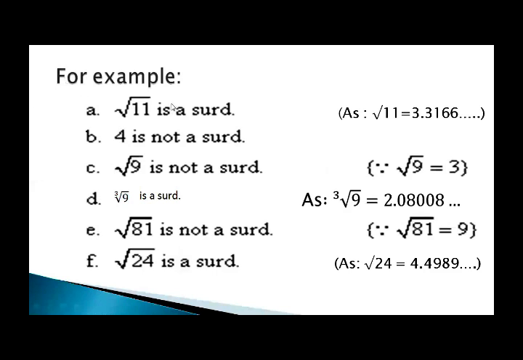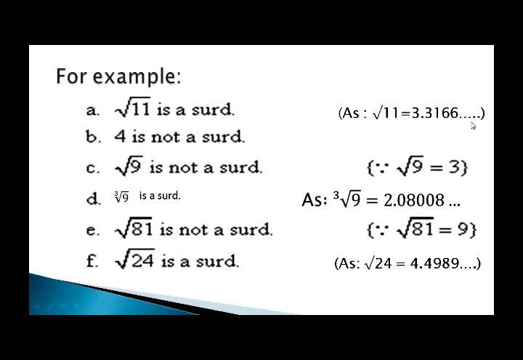For example, here we have square root of 11, and it is mentioned that it is a surd. Why is this a surd? When you solve under root 11 using your calculator, you will get 3.3166 and so on. What does this mean? It means that the division is going on.